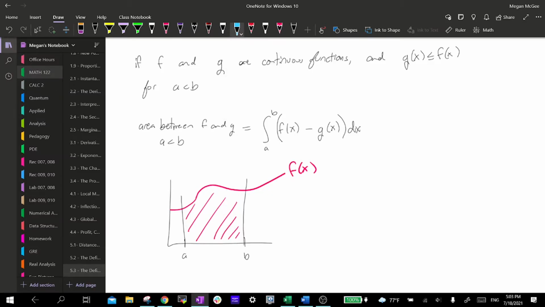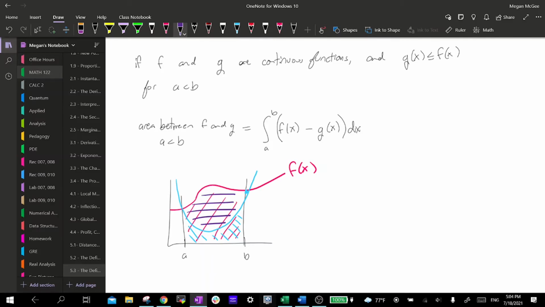So our g of x, let's say it's a parabola, so it looks something like this. Let's pretend it crosses at the same point there. Okay? So the area under that parabola is down here. And we want to know, well, what's the area between the two? Okay, so what is this area in between these two functions?